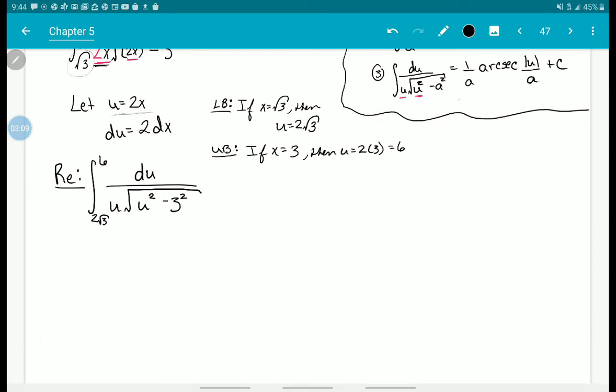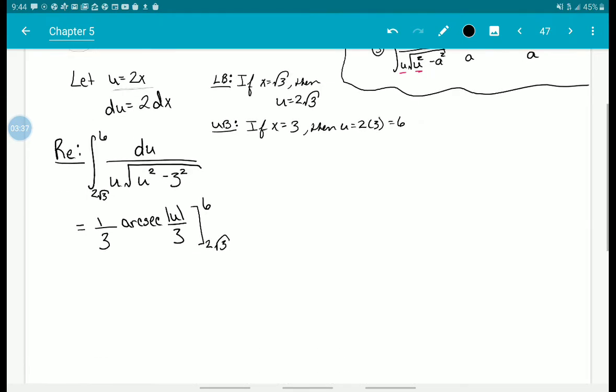So now using that arcsecant formula, if we integrate, we're going to have 1 over a. Our a is 3. Arcsecant, absolute value of u over a. And then remember, this is a definite integral, so we're evaluating it at a few places. So let's substitute in everything we know.